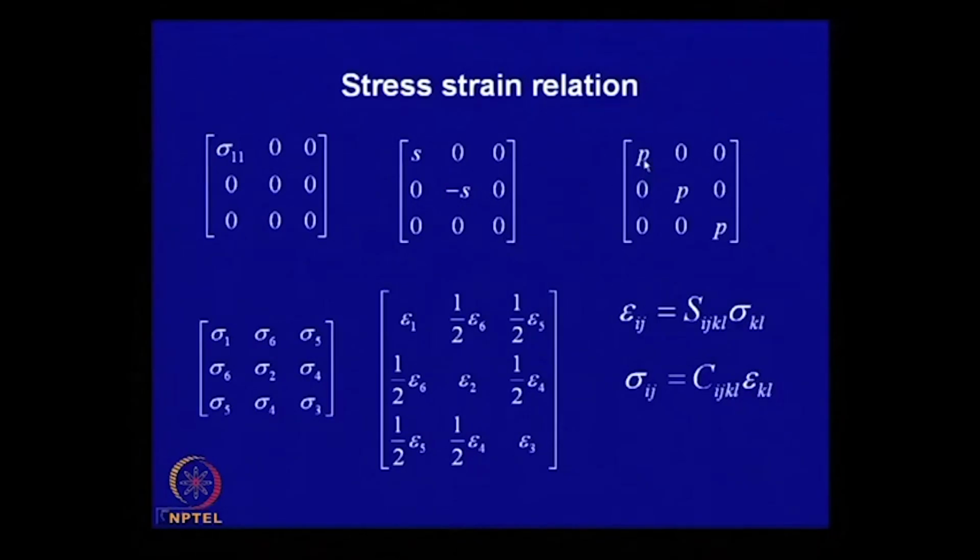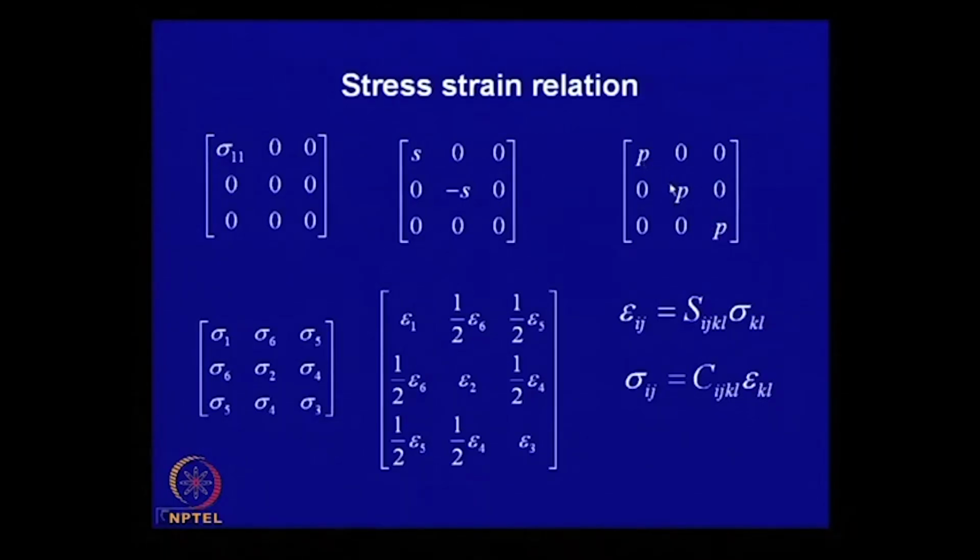If the state of stress is like this, you have only these three normal components, these diagonal components, and the rest are 0, then one can call them principal stresses, and this reference axis is described with respect to the three principal stresses. Now, if all the three principal stresses are equal, say in this case P P P, this is a case which you can say is a state of hydrostatic stress.